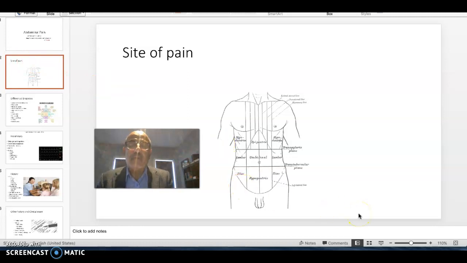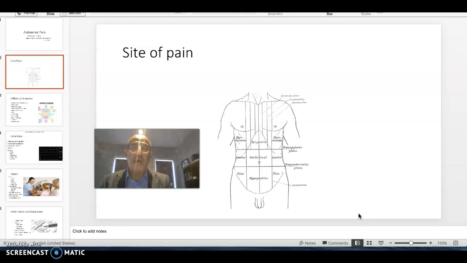When we talk about abdominal pain, we have to divide the abdomen into several areas or regions. These regions are determined by two vertical lines and two horizontal lines.